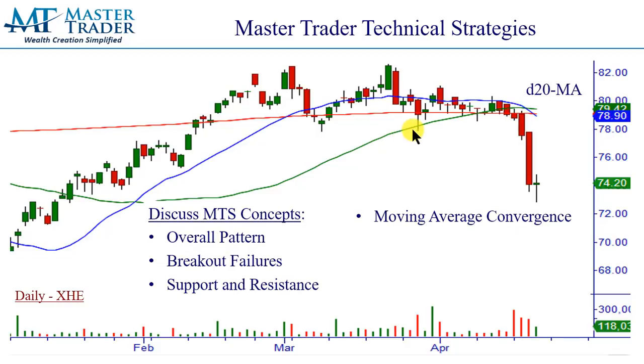Same with the 50, the sum of 50 periods of closing prices divided by 50. The green bar is now flat. Same with the 200. When you have converging moving averages like this, that suggests a pickup in volatility, and obviously the candlestick pattern suggests which way it's going to move.